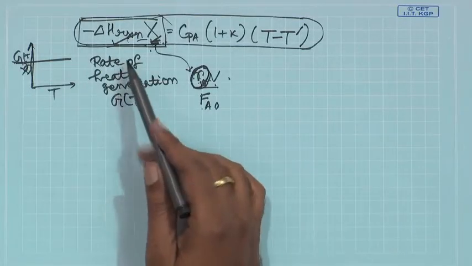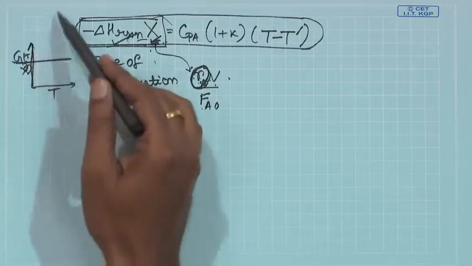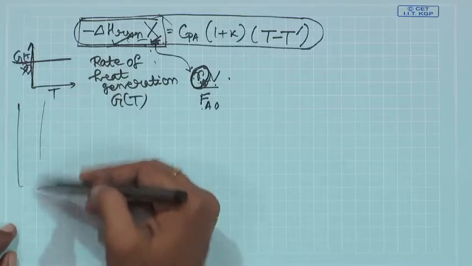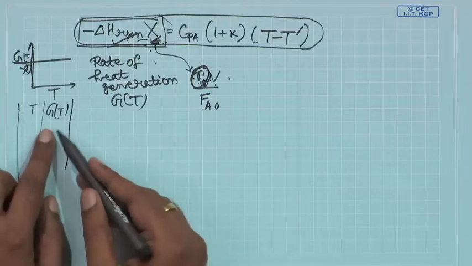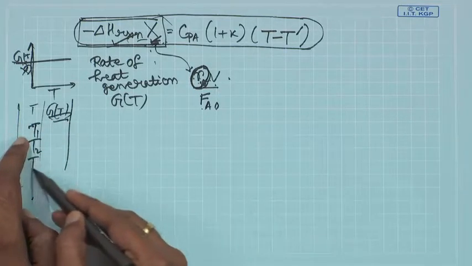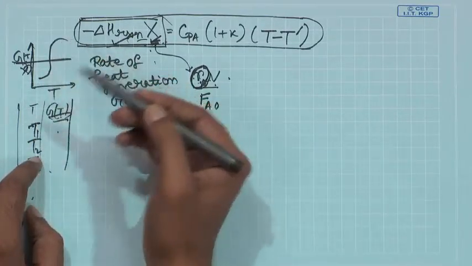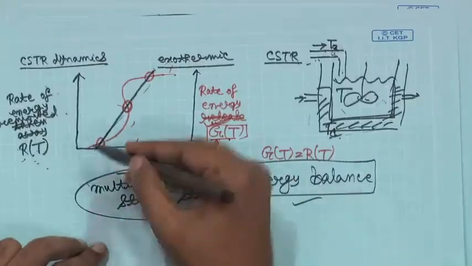Correspondingly in the Excel sheet you write down the formula for G(T) and link it to the column of T. So, you have a column of temperature and a column of G(T), and you know G(T) as a function of T. For each T value, you get the value of G(T), and then you can construct this particular plot, which is like this. That is how you construct this red plot.